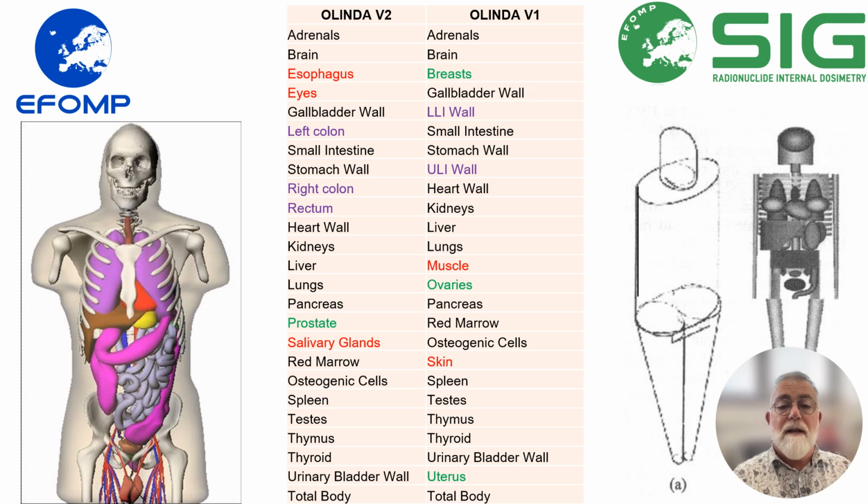So basically the gastrointestinal GI tract is not the same and not cut in the same way in Olinda version 1 and version 2. We have to bear that in mind, because sometimes the comparison itself is not possible, because you don't have a corresponding absorbed dose, because you don't have a corresponding target in the two models.